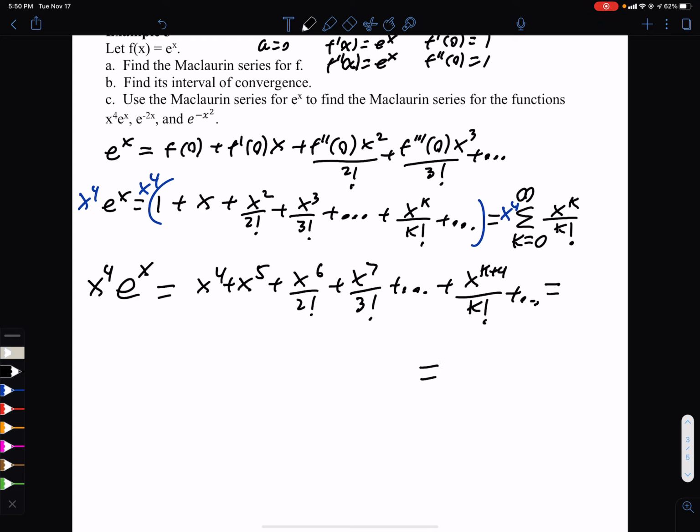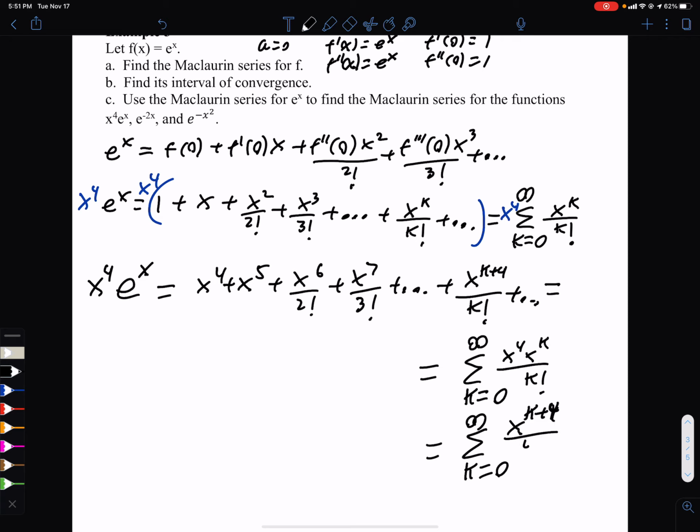And then for the summation, I bring the x inside because it's a constant, I'm allowed to. And so I have x to the fourth, x to the k over k factorial, which turns into x to the k plus 4 over k factorial. And that is the summation notation.